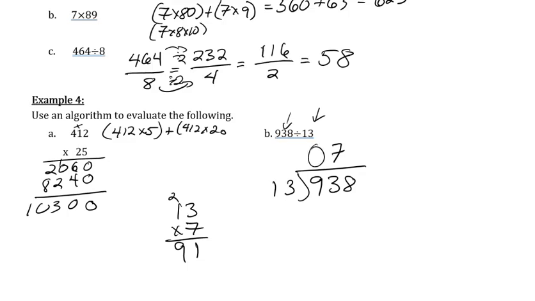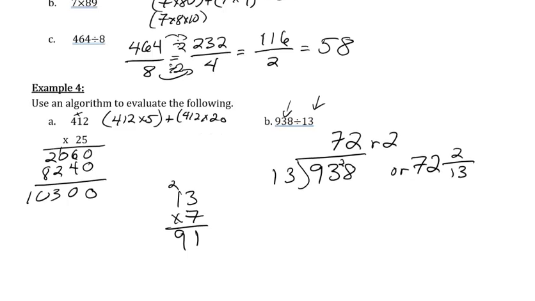So we put it there, remember, because we're sort of imagining our 0 there, because it's 13 times 90, 13 times something gives me 93, not 9. But we're big kids now, so we're not going to keep that there. And then that gives us a remainder of 2. 13 goes into 28 2 times with a remainder of 2. Or we could say 72 and 2/13, because that's what that remainder means.